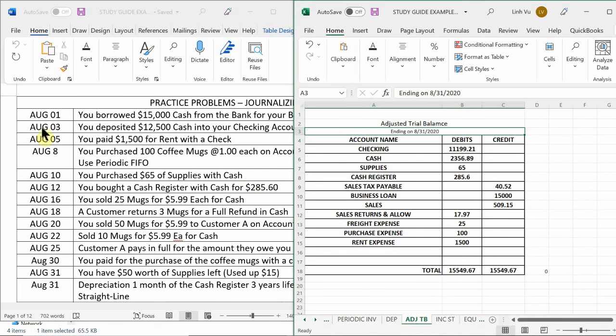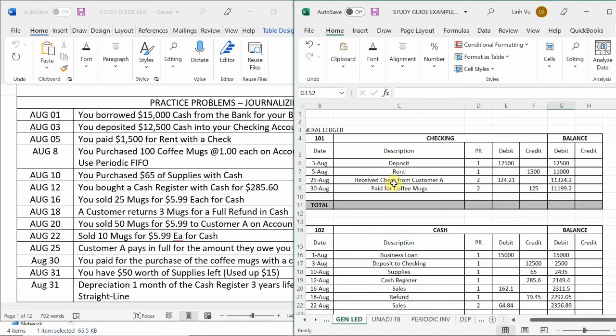Now, if you followed along, everything should be exactly the same except there are three things that we entered in here. Our first one was the supplies expense, the second one is the depreciation expense, and the third one is the periodic inventory. If you could do it that way, that's a lot quicker than going through every single ledger account. But in this case, since we're practicing, let's go through the ledger account.